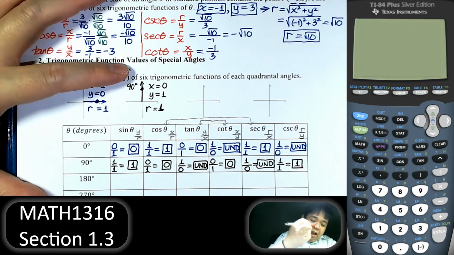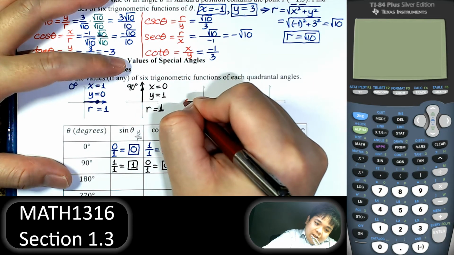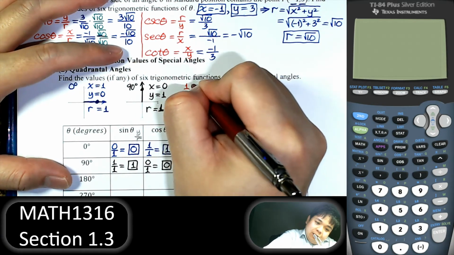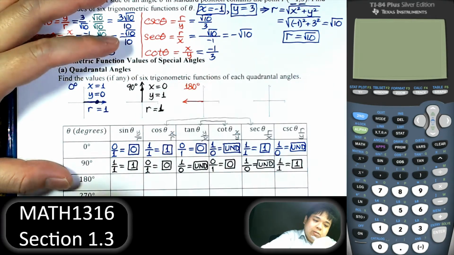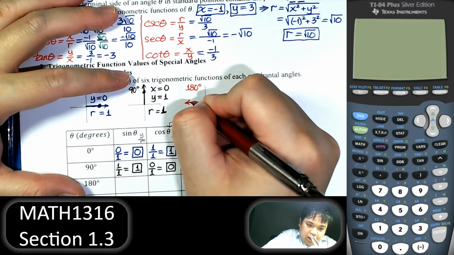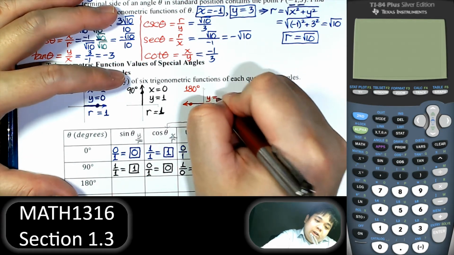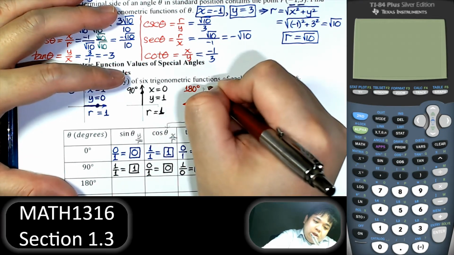Simple enough. Next, 180 degrees will be the negative x-axis. So in that case, let's choose the values. Let's pick a point here. This is on the x-axis, so y is equal to 0, and it is negative, so we choose x to be negative 1.